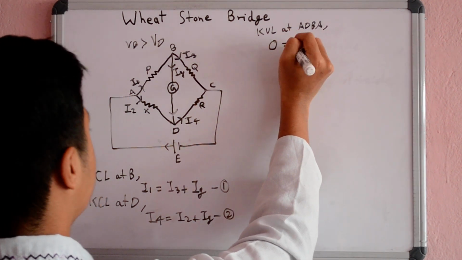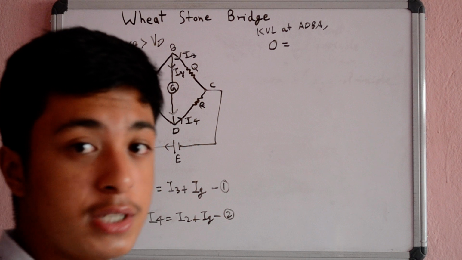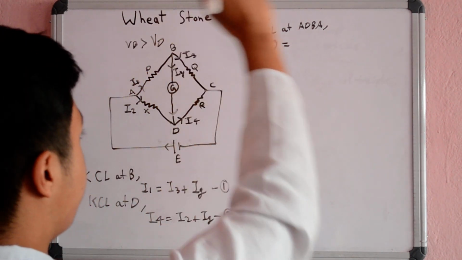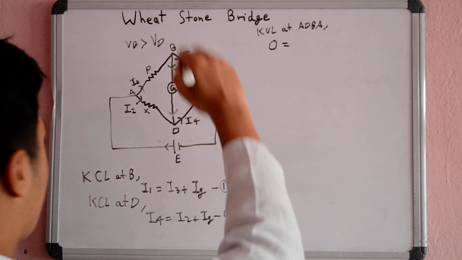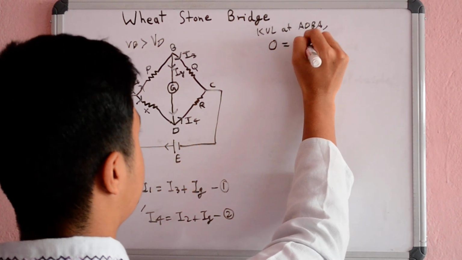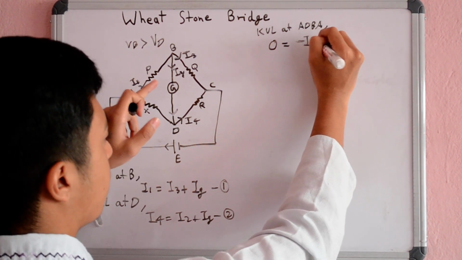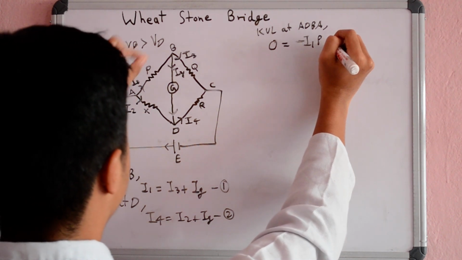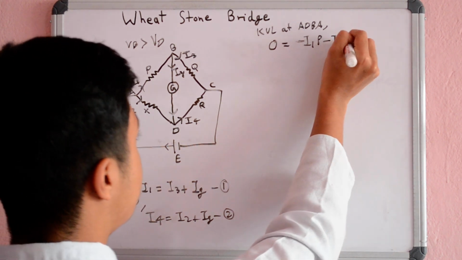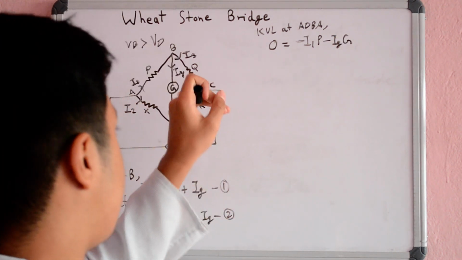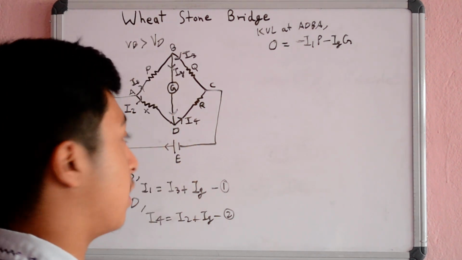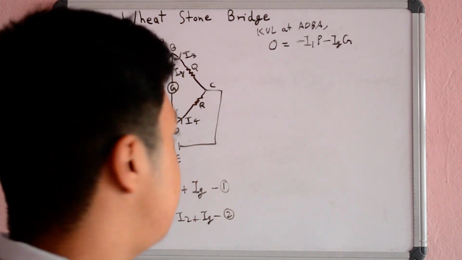which is equal to, here we have to use the anti-clockwise and clockwise sign convention. So here the current I1, it is actually going clockwise, right? So it is minus I1P, because here the resistance is P, and here Ig is also negative, so IgG, because here I forgot to mention that the galvanometer has a resistance of its own, because it is a low resistance device.